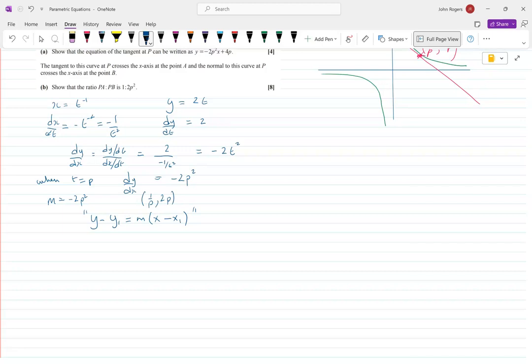So we've got y minus y1, so that's y minus the 2p there, equals the gradient m, which is minus 2p squared, times x minus x1, which is the 1 over p.